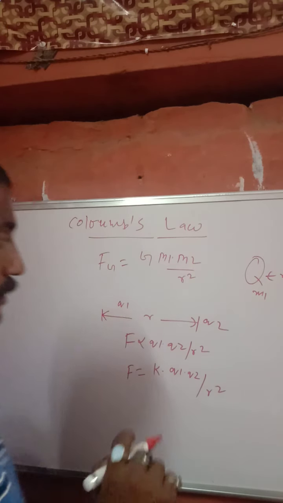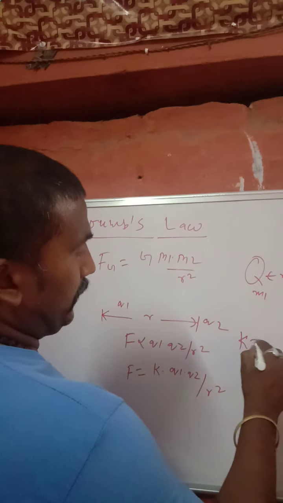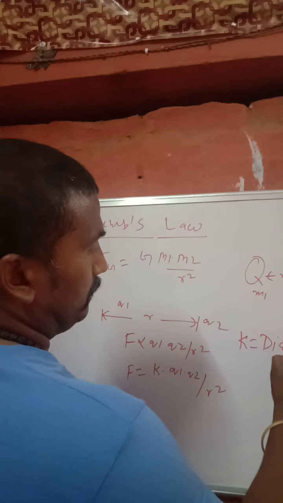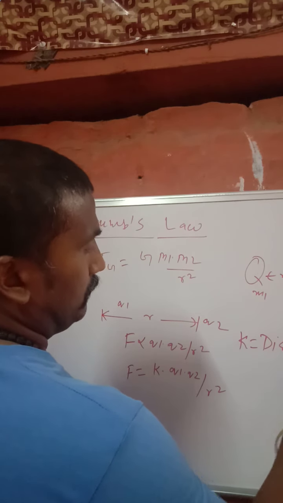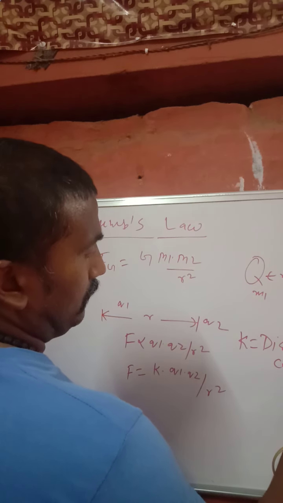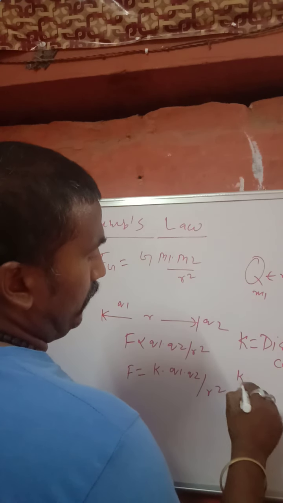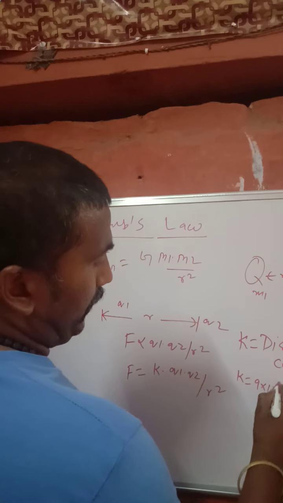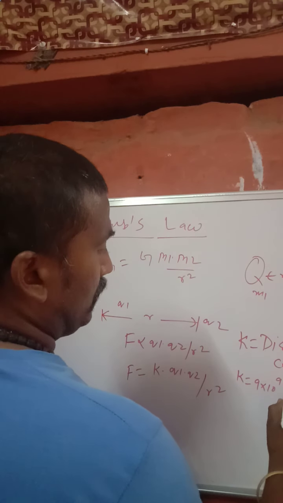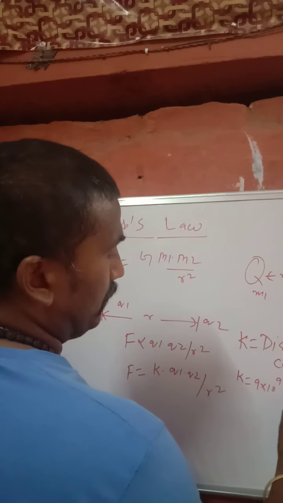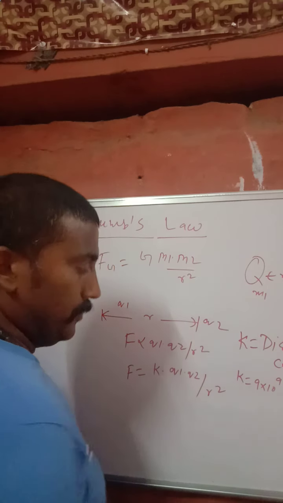Capital K is called the dielectric constant. Its value is 9 into 10 power 9 Newton meter square upon Coulomb square.